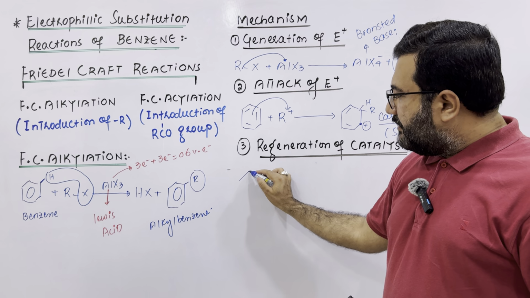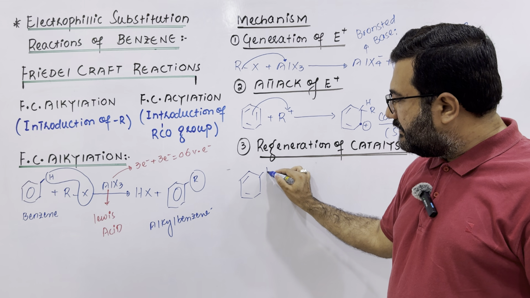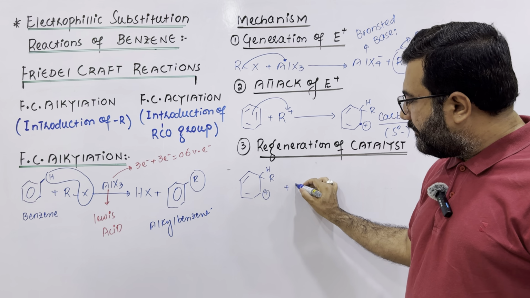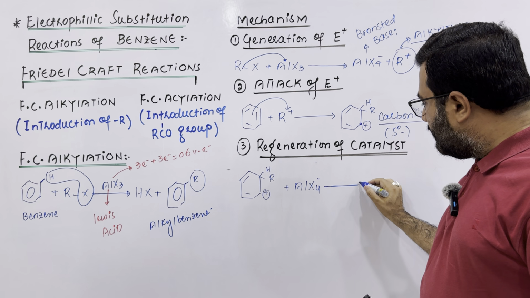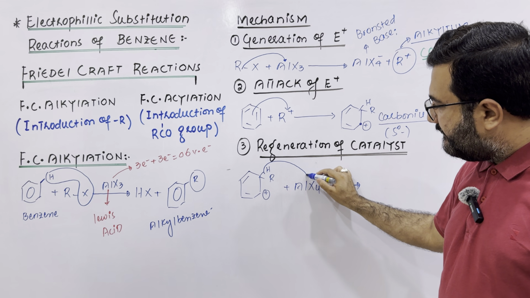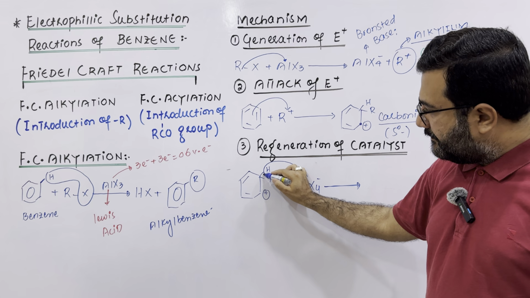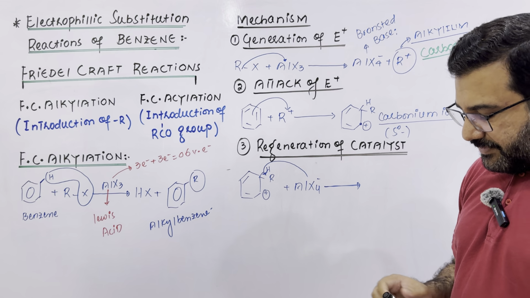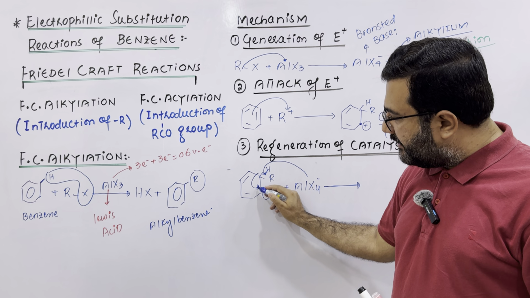And in the regeneration of this catalyst, the Bronsted base that was produced in the first step will play its role. My dear students, this Bronsted base will attach the hydrogen to itself, and the bond which was present between carbon and hydrogen will now be shifted between two carbon atoms in the ring.